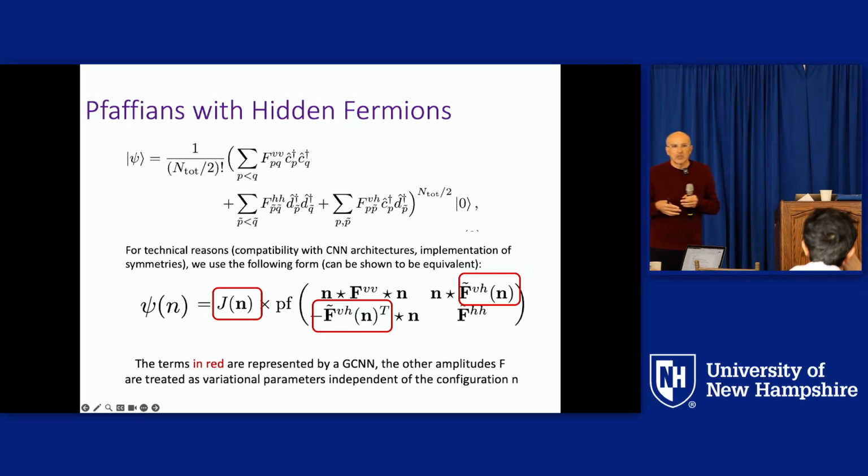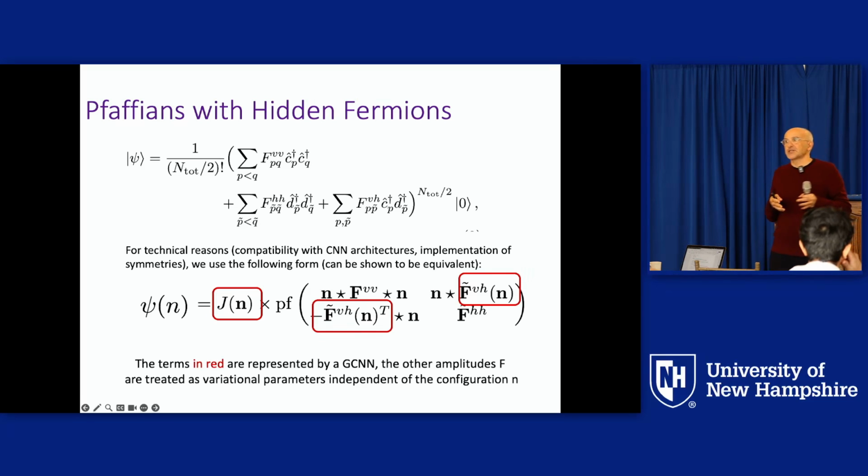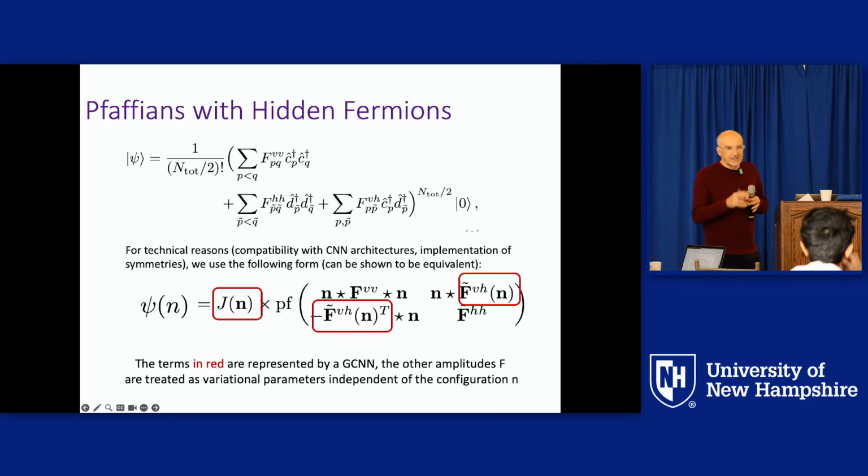So one can use convolutional neural networks to parameterize these red boxes, or if you have a state that violates translation symmetry, which is of course what we want to do with stripes, you can implement translational symmetry up to a certain unit cell that you choose yourself. And you can also use group convolutional neural networks to implement the point group symmetries inside the unit cell.